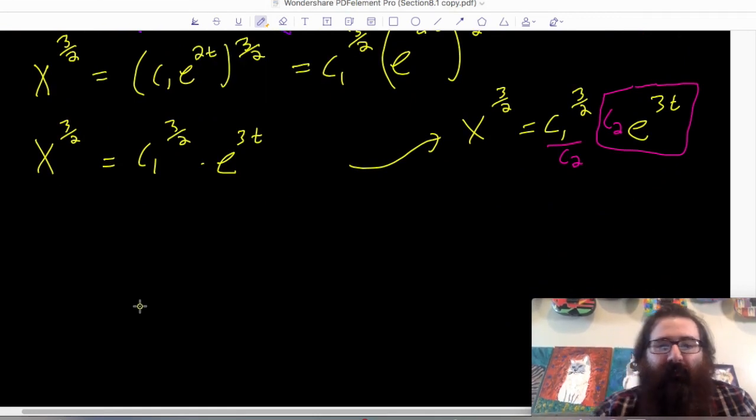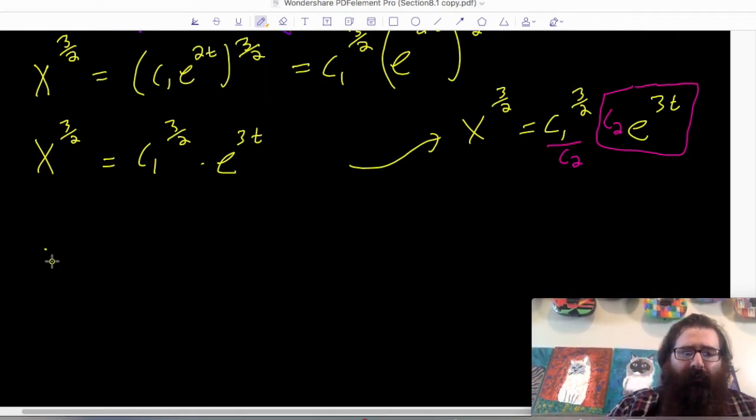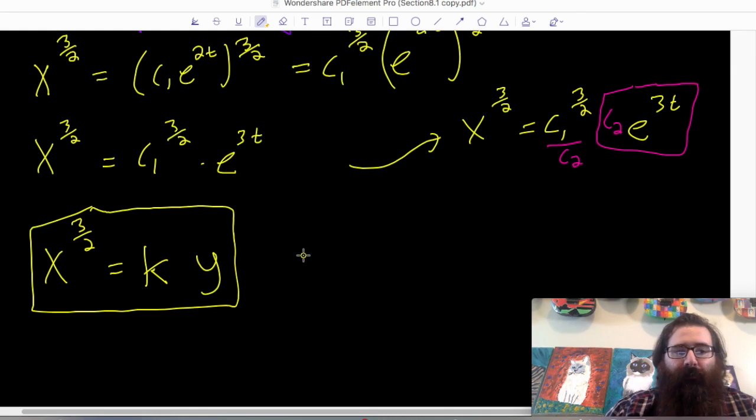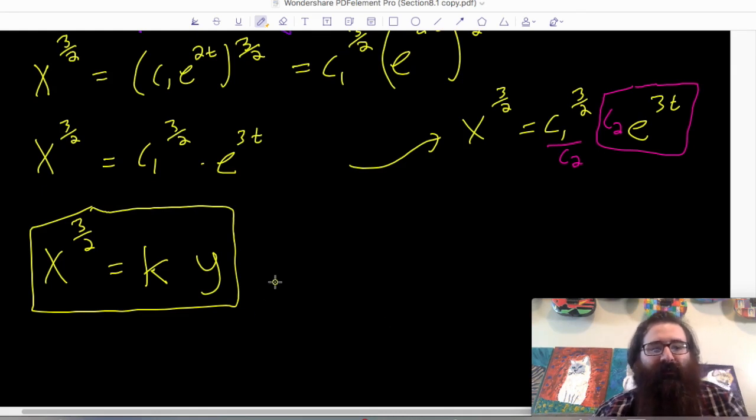So we get this kind of interesting relationship where we could say x to the power of 3/2 is equal to, now c sub 1 to the 3/2 divided by c sub 2 is just some constant, provided there's no issues with what the numerical values are. So we just call that some constant k, times, but here c sub 2 e to the 3t is y. So we get some interesting relationship between x and y.